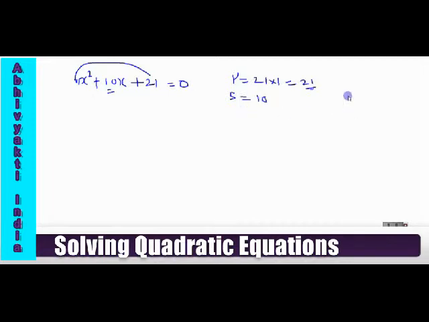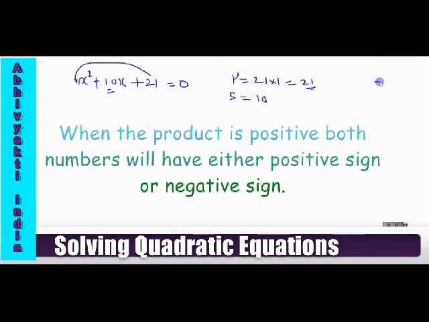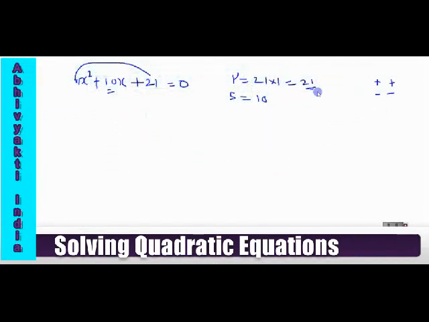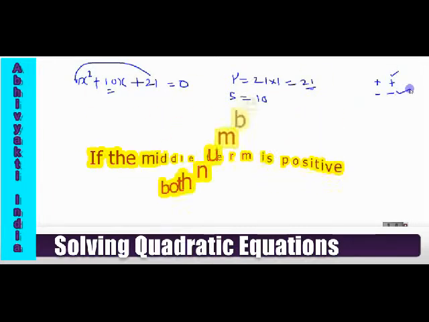Now here it is very clear that we want a positive product. When both the numbers have a positive sign, we get a positive product, or if both the numbers have a negative sign, we get a positive product. Now the problem is whether the two numbers should be given a positive sign or a negative sign.